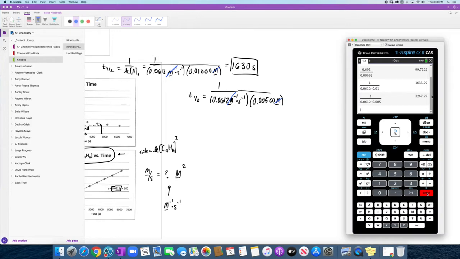It's exactly twice as long. Okay, so 3270-ish. All right, I've rounded this one down. I'm rounding this one up. 3270 seconds. And it's twice as long.